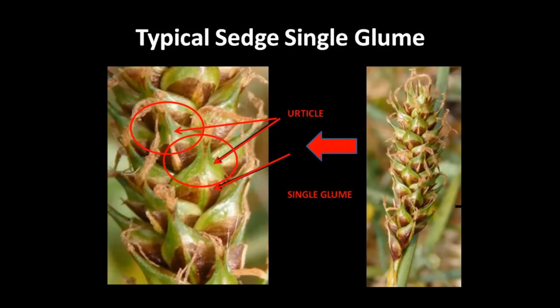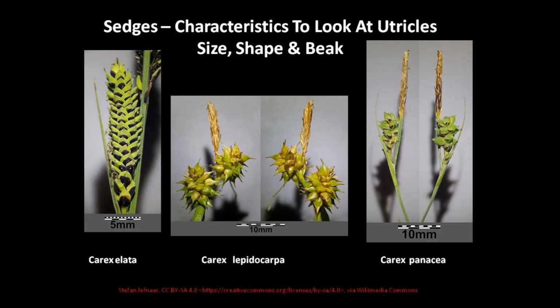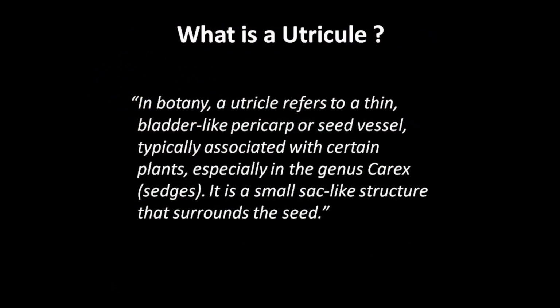In addition to the nature of the glume, the size, shape and beak of the utricle become important characteristics to look at when we examine sedges. Utricle refers to a thin bladder-like pericarp or seed vessel typically associated with Carex. Or, in a nutshell, it is a small sac-like structure that surrounds the seed.